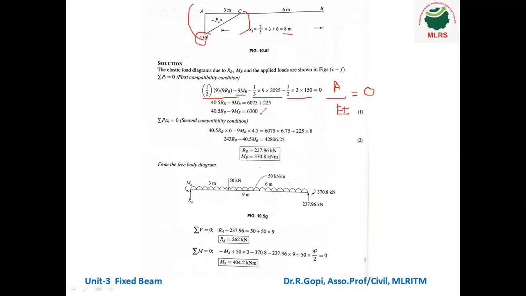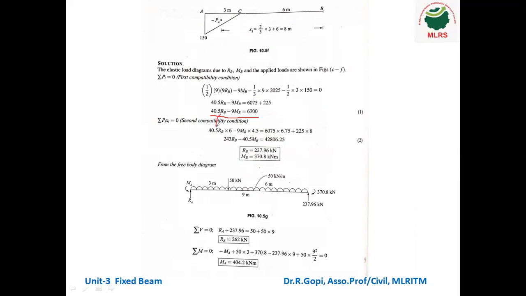So from this the equation 1 we calculated. Okay, what is the value? It is 40.5 RB minus 9 MB equal to 6,300.